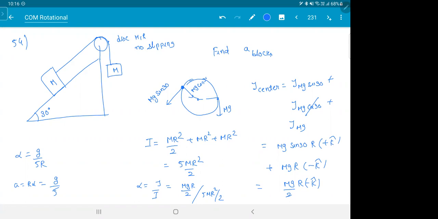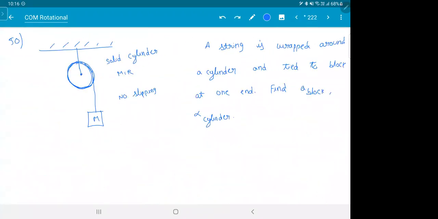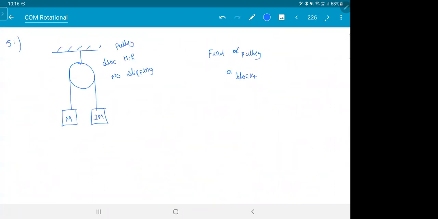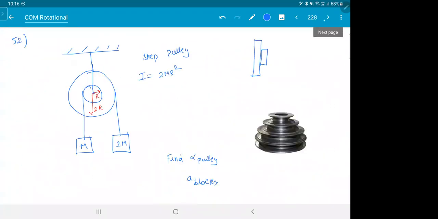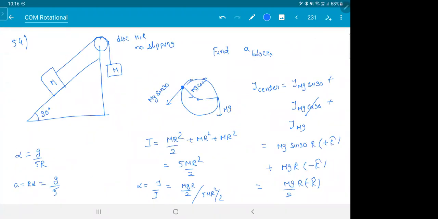If you see these pulley and block problems, these are the different varieties. First was a single cylinder with one particle. Then a cylinder with two particles. Then a disc with two particles but different radius. Then one horizontal one, at a 90-degree angle. And this is at an angle theta.